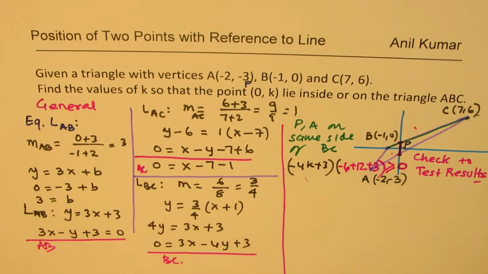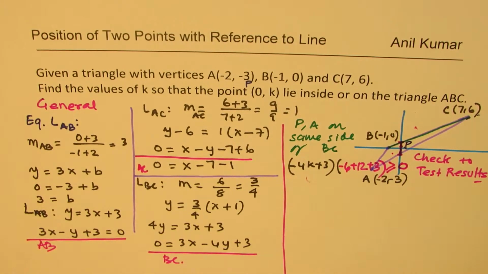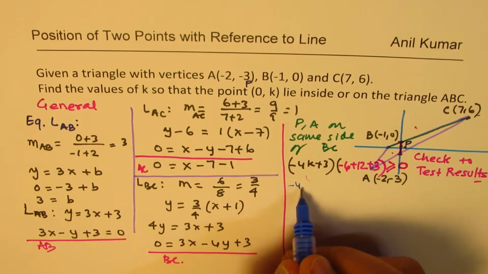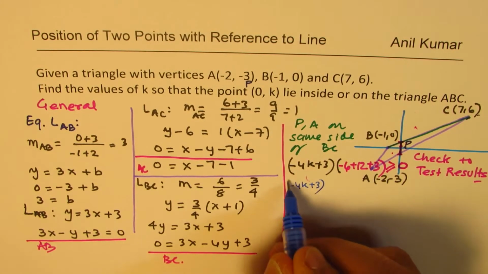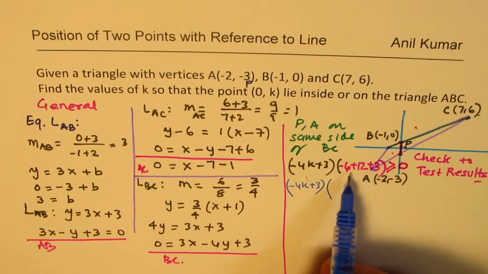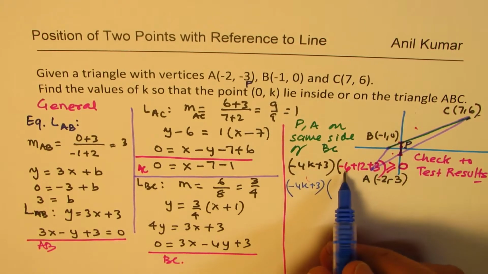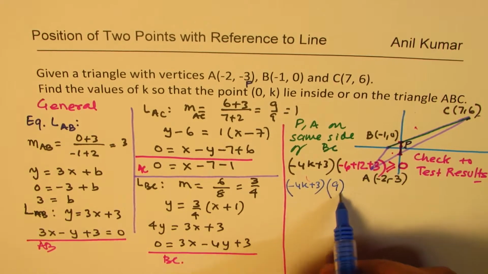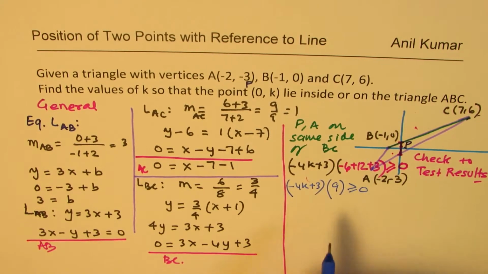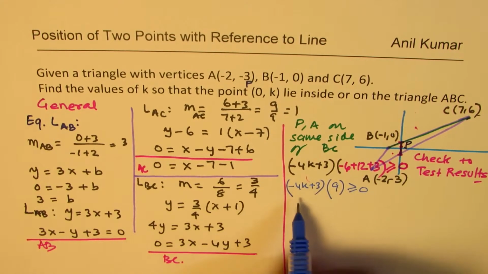So from here, what do we get? From here, we get minus 4k plus 3 times 15 minus 6, right? So we get 6 plus 3 is 9. That should be greater than or equal to 0. Now you can divide by 9, so that goes off.